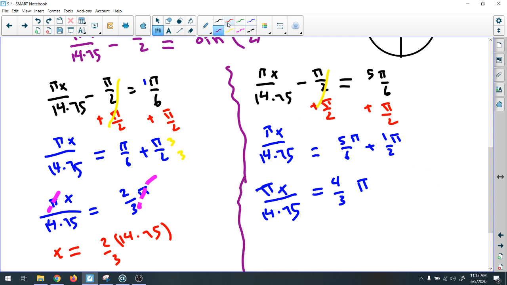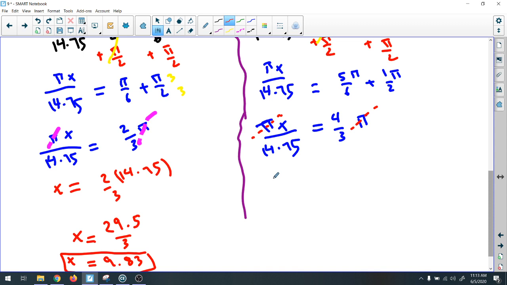Let's continue. So cancel out pi with pi, and x equals, multiply both sides by 14.75, so x equals 4/3 times 14.75. It's the same as before, but doubled.